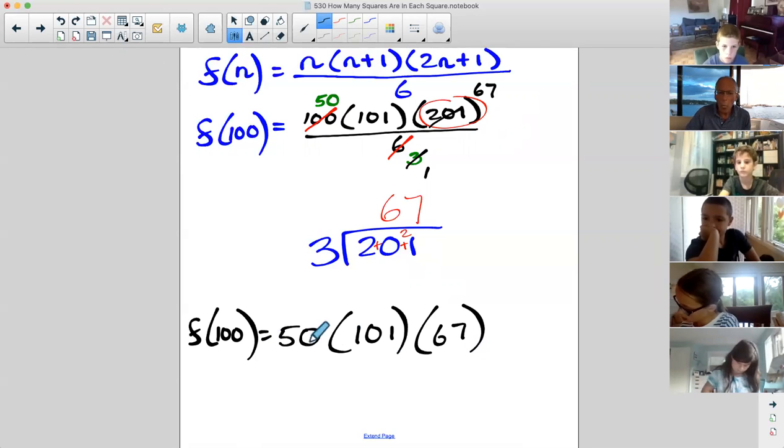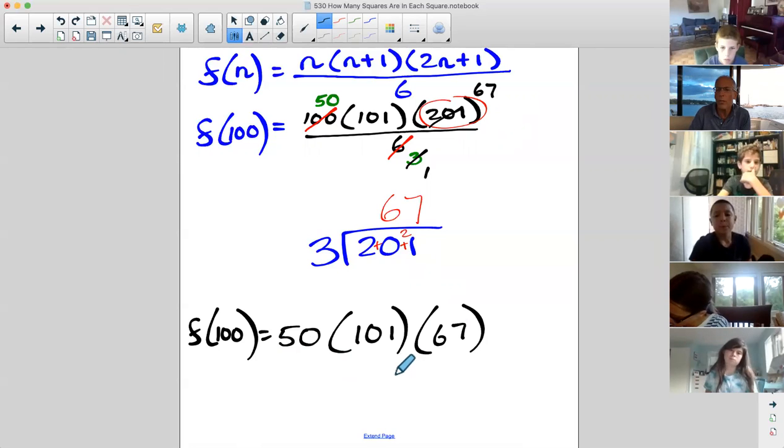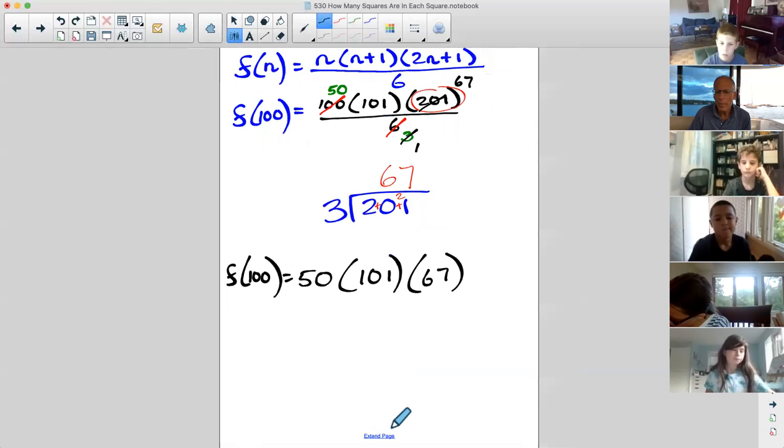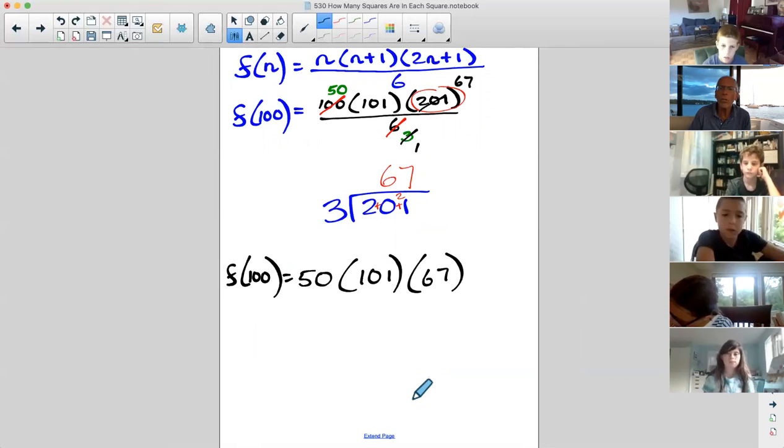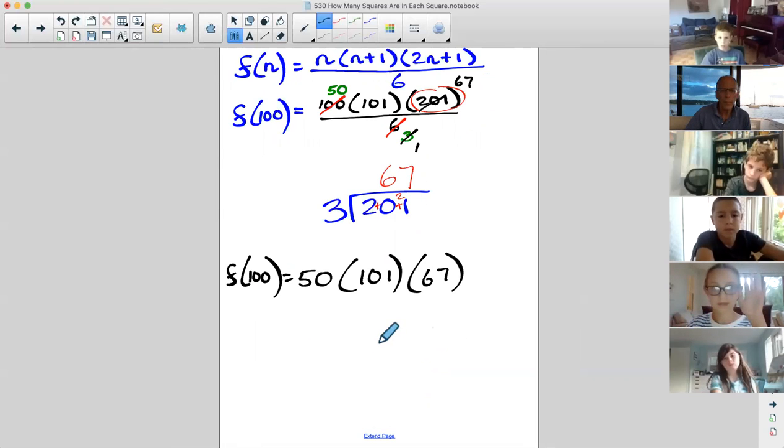Now, how are you going to multiply these? What are you going to multiply first? Omer, what do you think? Cameron, what do you think? So Adalia, what would you do first? 50 times 101.